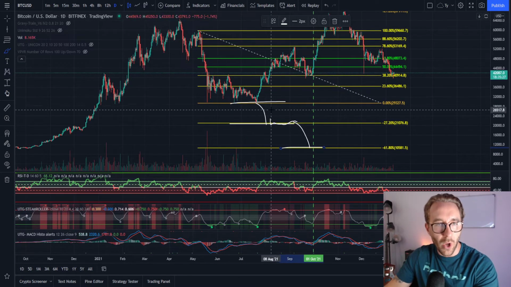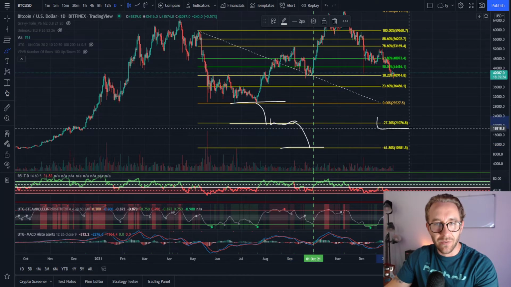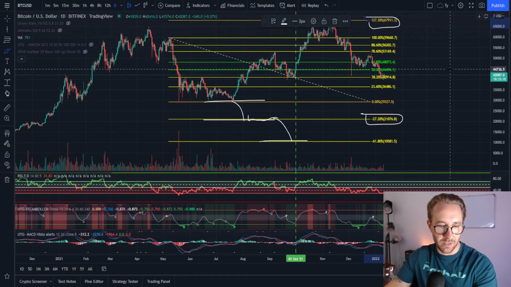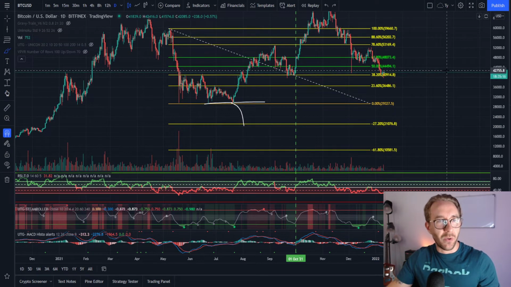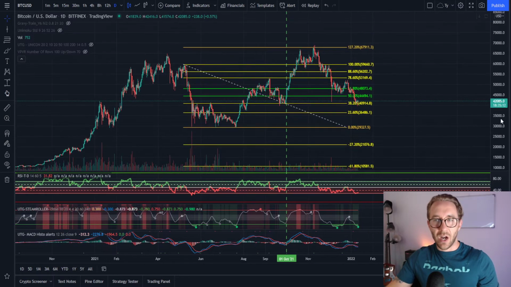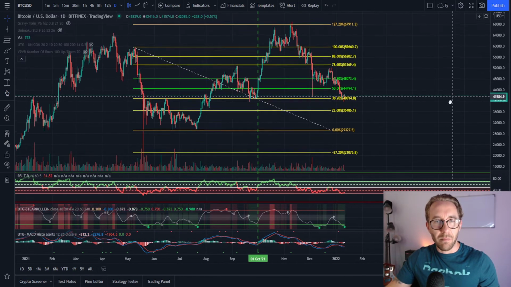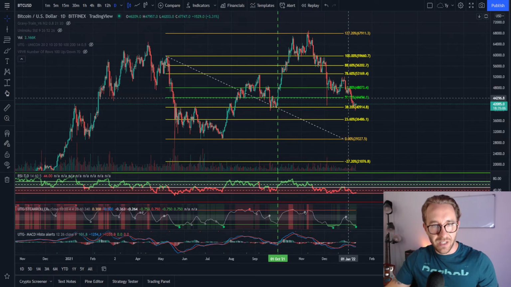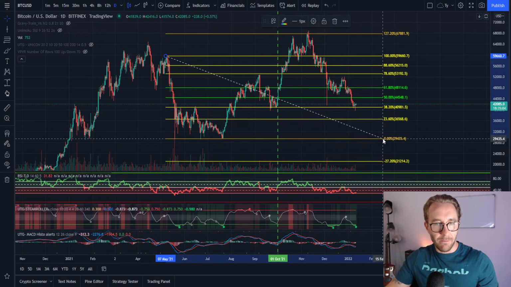But more often than not, these are pretty significant levels of support and resistance in my experience. So let's not call that the gold standard, but I've done thousands of trades in my time using Fibonacci, and I find that more often than not, these 127 levels are very, very significant.